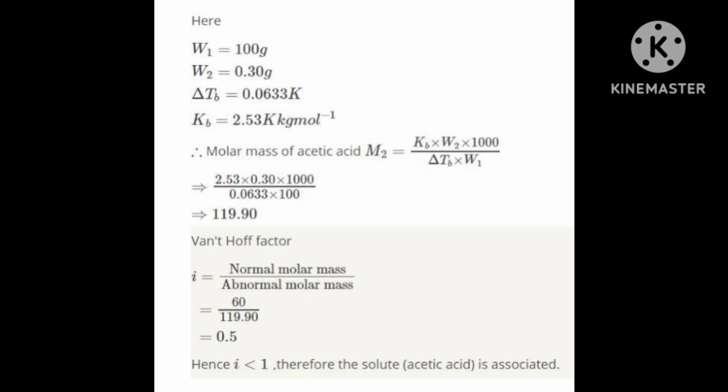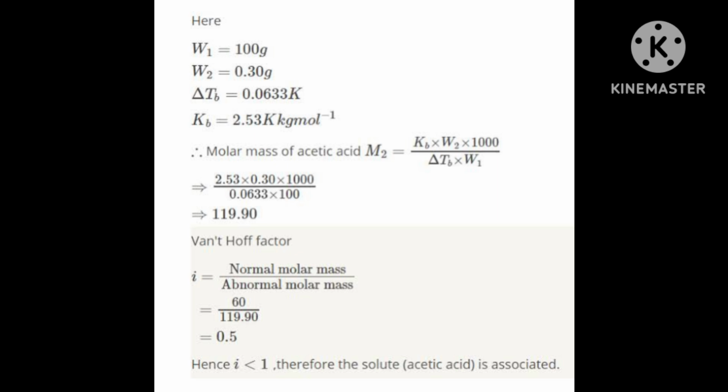This is the main formula. Then the m value is W2 into 1000 divided by M2 into W1.